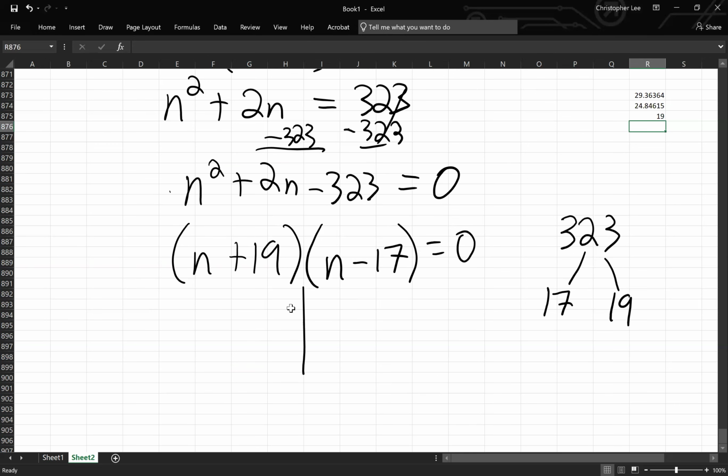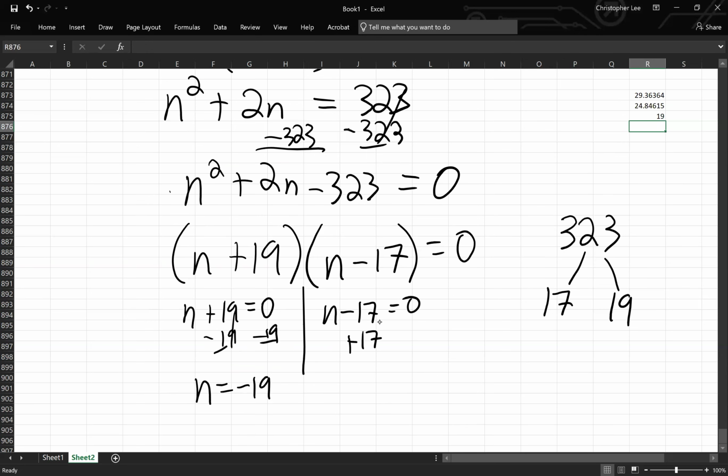And you already know, right? Set them equal to 0: n plus 19 equals 0, n minus 17 equals 0. Subtract 19: n equals negative 19. Add 17: n equals positive 17, right?